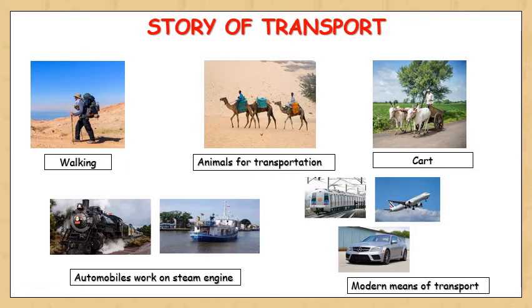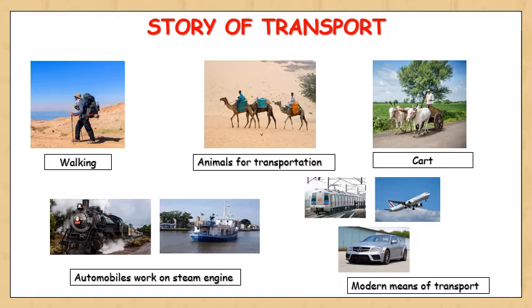Now students, in ancient times when no means of transport were available, people mainly travelled on foot and carried luggage on their back. Then, after domestication of animals, human beings started using animals such as horses, camels, elephants, etc. for transportation.